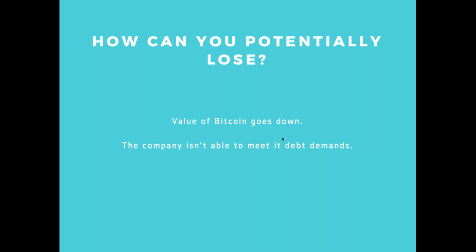Also, how can you lose money if the company isn't able to meet its debt demands? So really, the coin is almost a debt demand. Or well, I guess I can't call it debt. It's a token, but there is a commitment or an offer to buy back. And I guess the only way that wouldn't happen is if the company isn't able to meet the costs or doesn't have enough money.